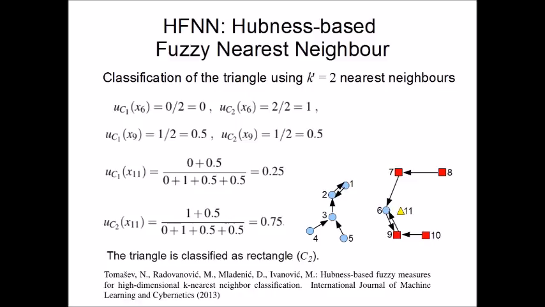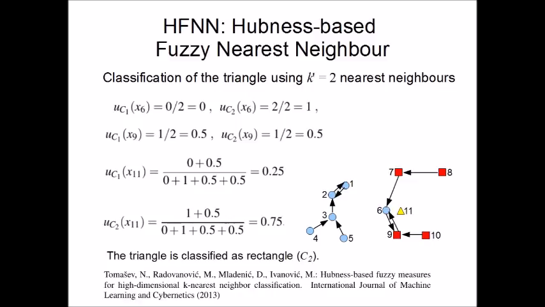We will use our running example and we want to classify this yellow triangle, that is instance 11. Again, we will use two of its nearest neighbors in order to classify this instance. The two nearest neighbors of this yellow triangle are instance 6 and instance 9.